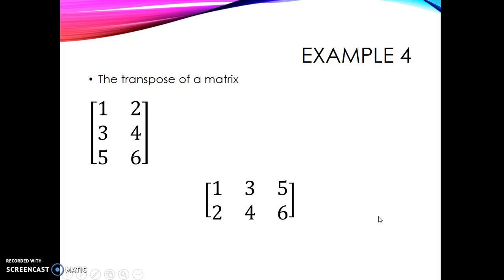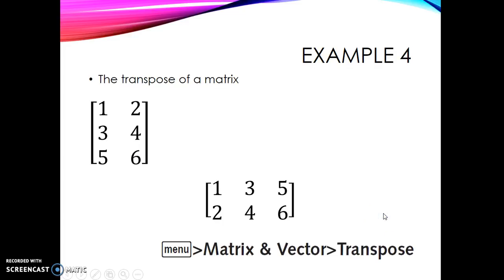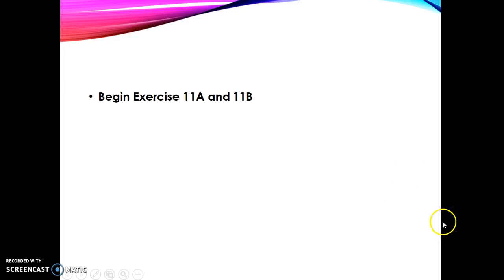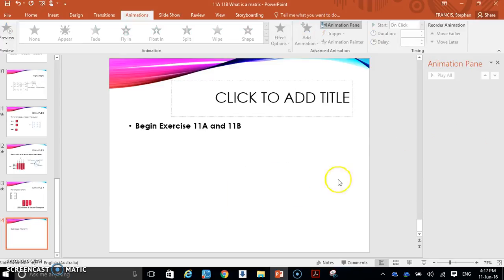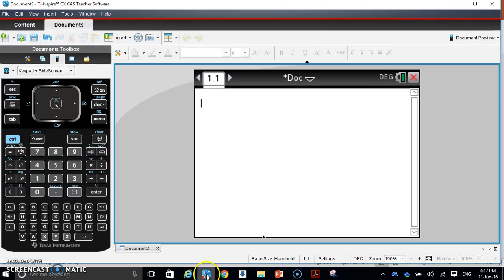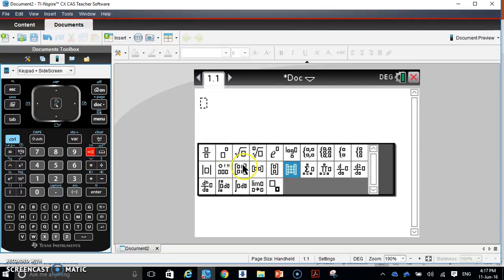You'll be able to do the transpose of a matrix by creating a matrix, pressing Menu, Matrix, Vector, Transpose. Let's have a look at our calculator now. In your calculator, as long as you're in a calculating screen, which I am already, you can go in here and ask to do a matrix.